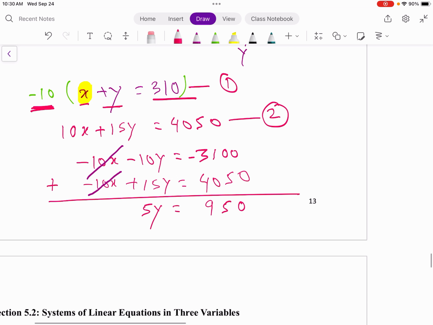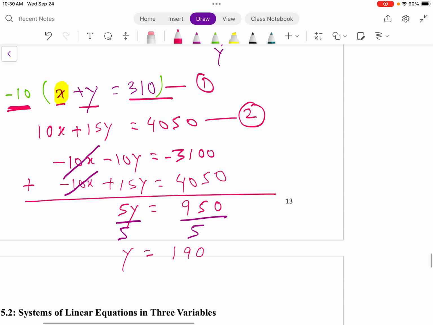Thank you. Now let's solve for y by dividing both sides by 5. So our y is 190.